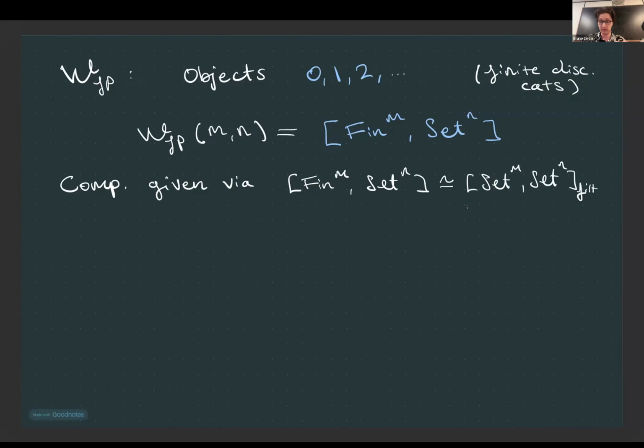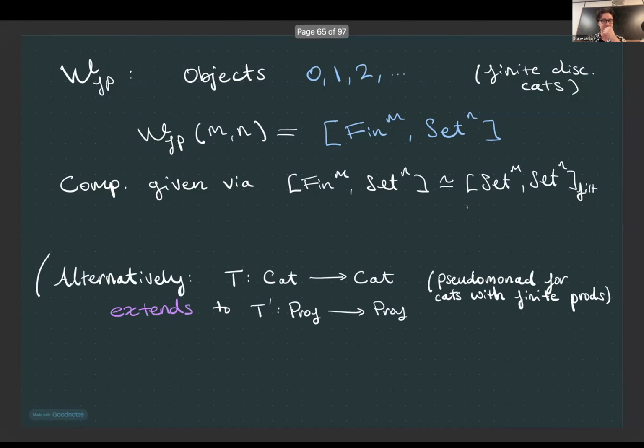I'll just mention at this point, if you like this sort of thing, the more abstract way of setting this up is to start with the pseudomonad on Cat, whose pseudoalgebras are categories with finite products. This happens to extend to a pseudomonad on the bicategory of profunctors.